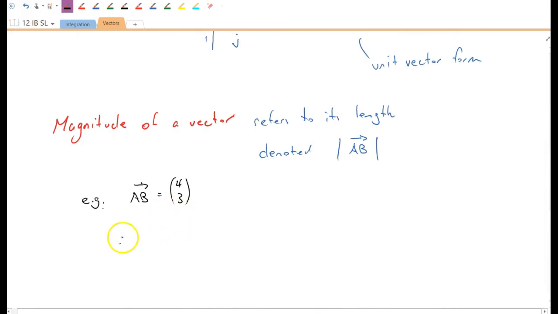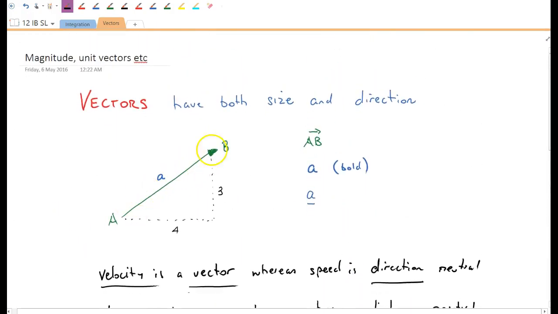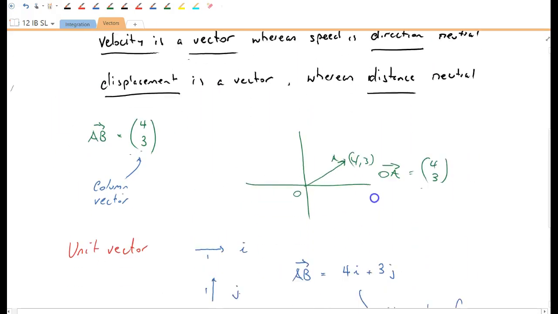So the magnitude of vector AB is equal to, well, we know how to find this length. We've done this with basic coordinate geometry. It's the hypotenuse of a right angled triangle. So that's going to be 4 squared plus 3 squared, which is the square root of 25, which is 5. So our magnitude is 5.